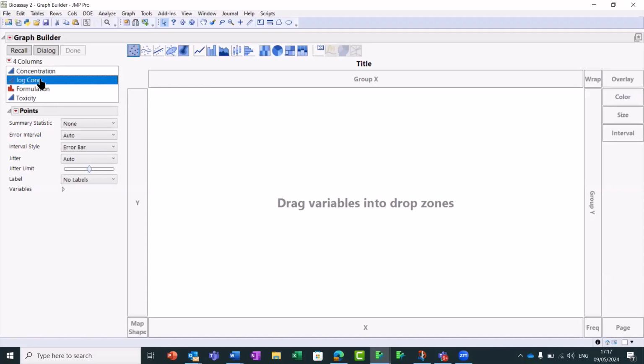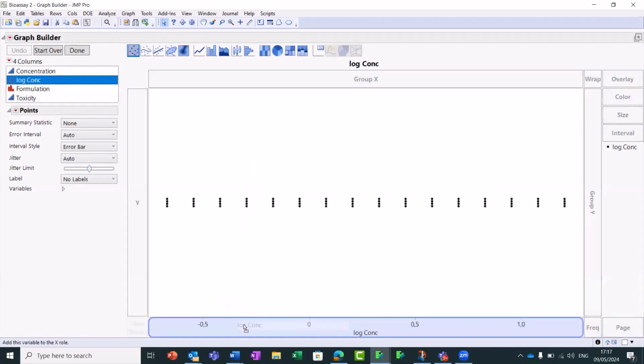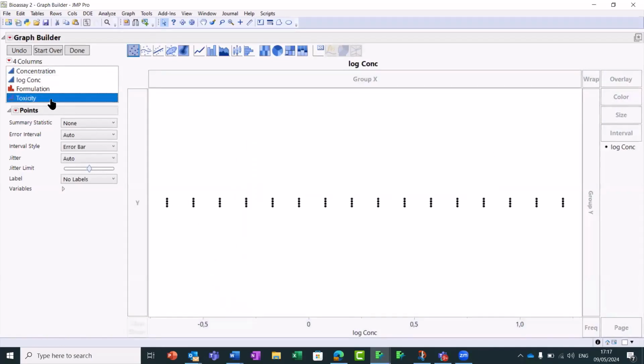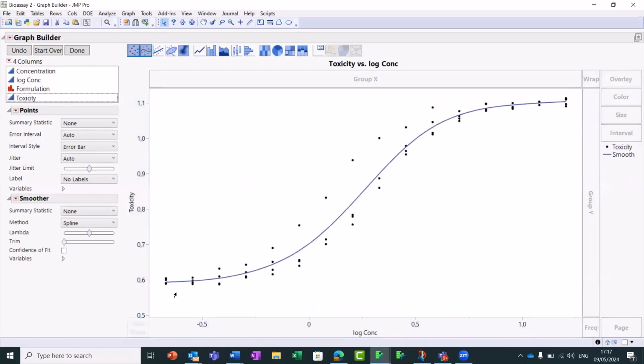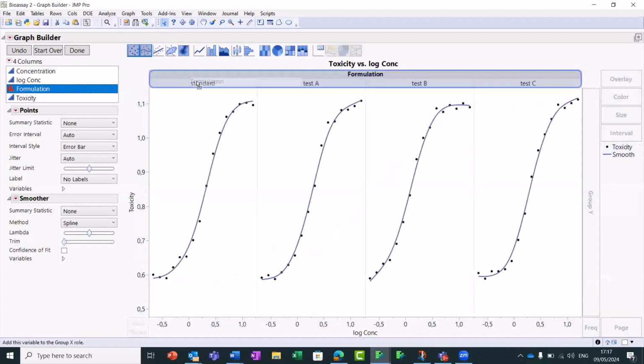I will put the log concentration on the x-axis and the toxicity on the y-axis. We can already see this particular curve, but as we have four different formulations, I can use formulation as a group X.